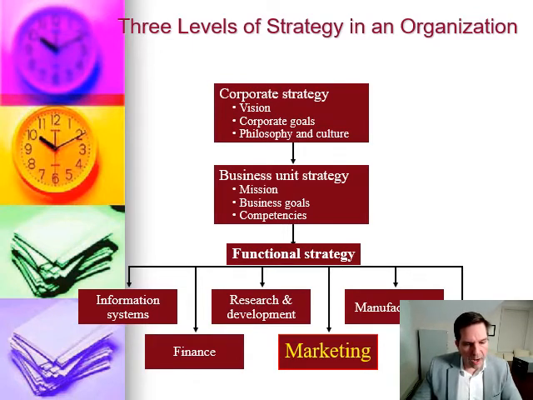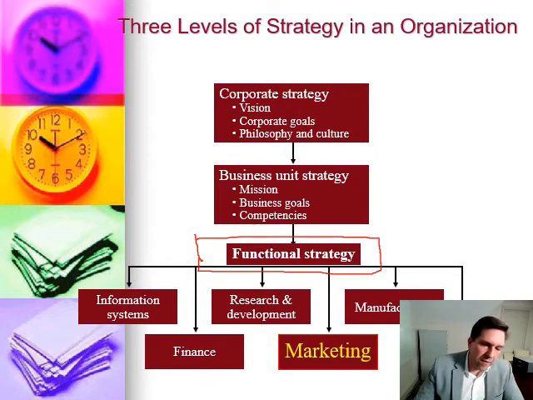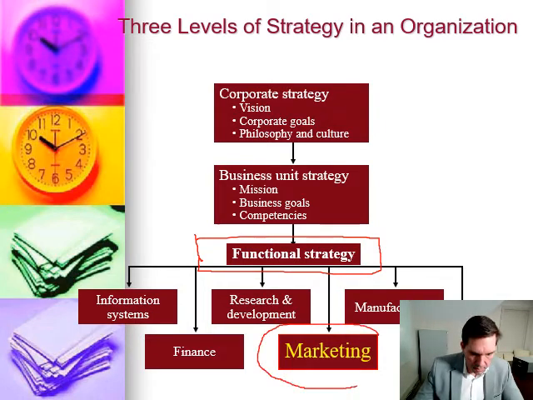And then we're going to have functional strategy. This is where marketing strategy lies, right? So within a business unit, you're going to have different functions. So you're going to have finance, you're going to have maybe R&D, you're going to have operations or manufacturing, and here is where marketing strategy is going to live, right?